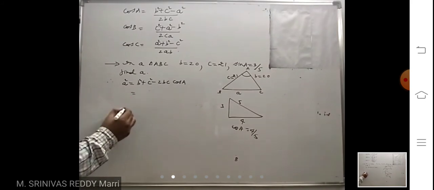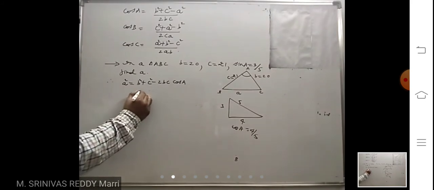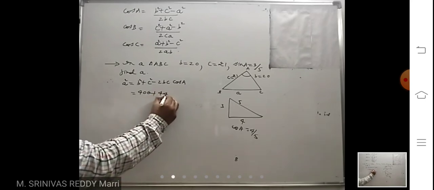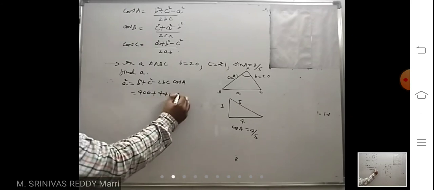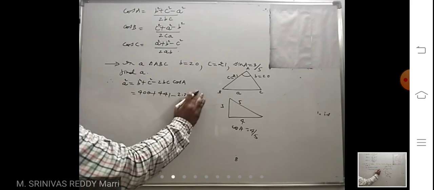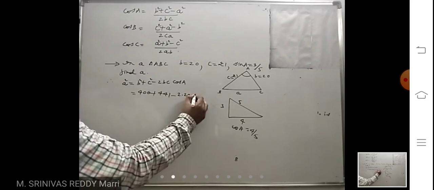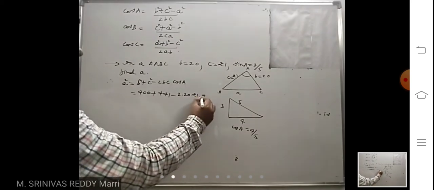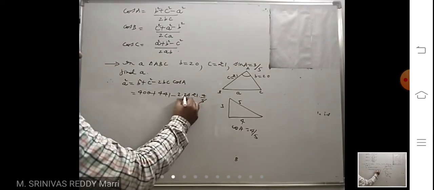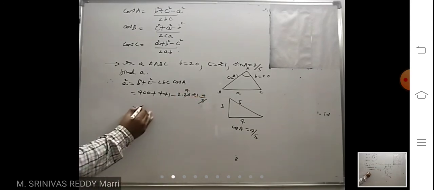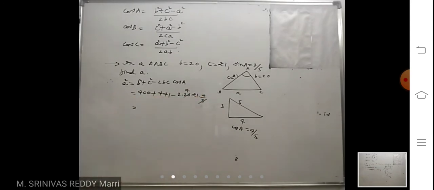That means B square is 400 plus C square, 21 square means 441, minus 2 into 20 into 21 into cos A, which is 4 by 5. 5 ones are 5, 5 fours are 20.